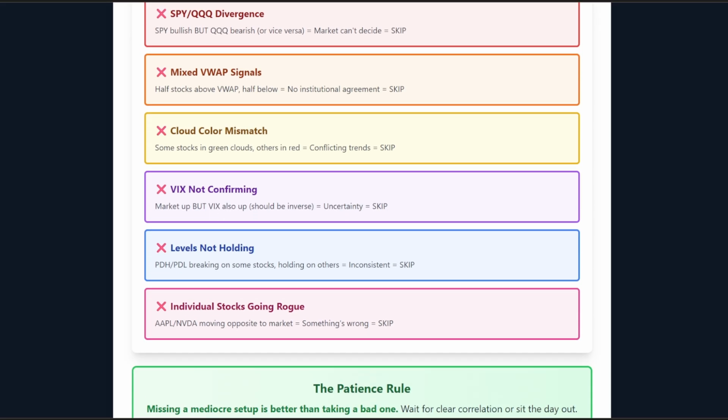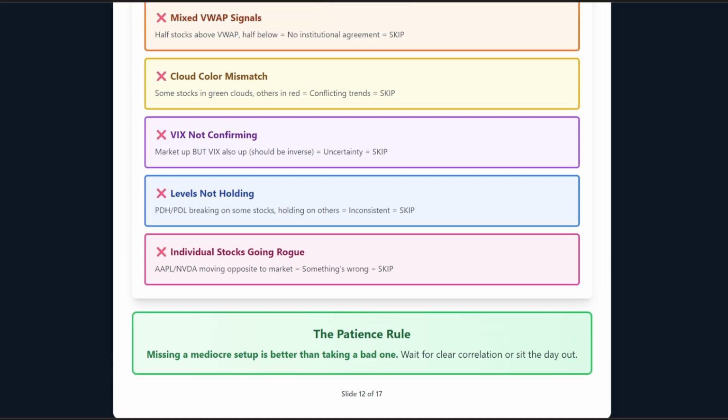Levels not holding: previous day high, previous day low, breaking on some stocks, holding on others, inconsistent trends, you want to skip. Individual stocks going rogue, Apple, NVDA moving opposite to the market. Something's wrong, maybe they're pricing in news, but let's say the whole market's dumping and NVIDIA is green and ripping, pushing up, right?